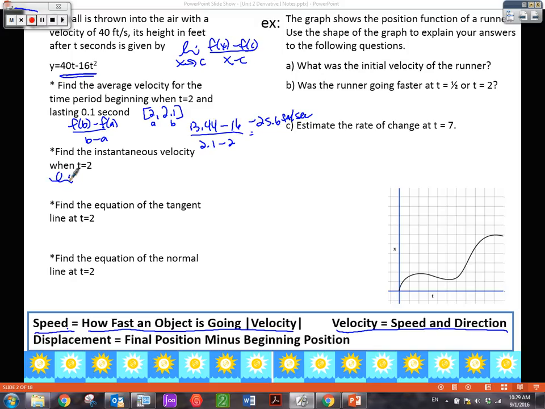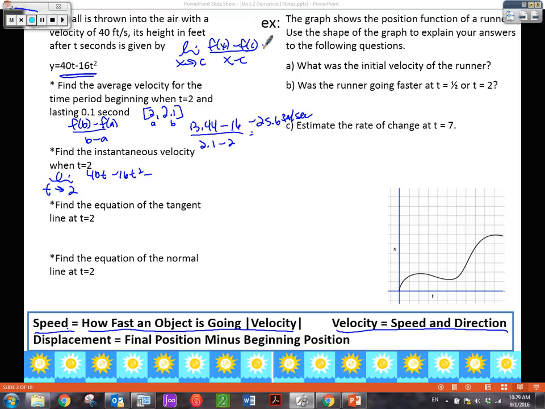Instead of an x, they're using a t in this scenario, so I'm going to say as t goes to 2, the one we're interested in. I need to put the function first, so the function is 40t minus 16t squared, minus f of c.